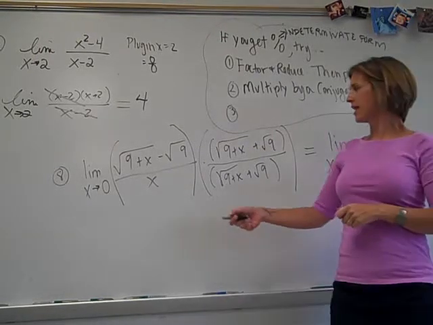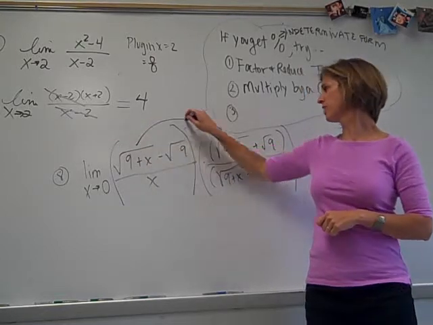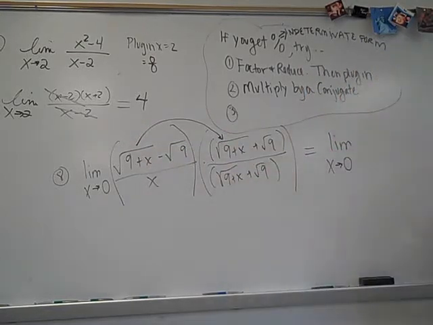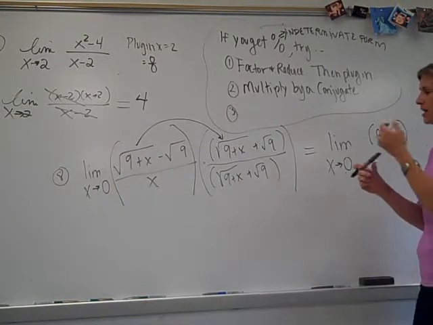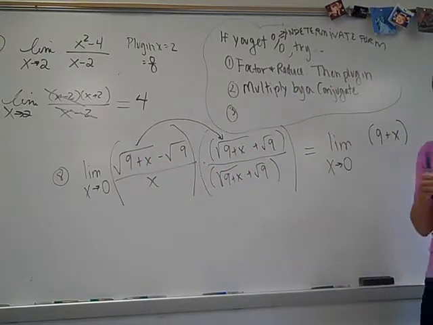So if we're going to multiply this out, I'm foiling the top. First term times first term gives me what? Just 9 plus x, because the roots times the roots makes just the regular thing that's underneath. And then the whole point of multiplying by a conjugate is so that the inners and the outers cancel. So I don't have to write that down.